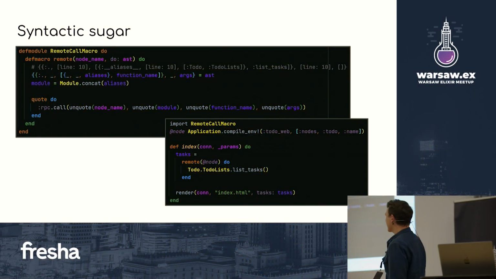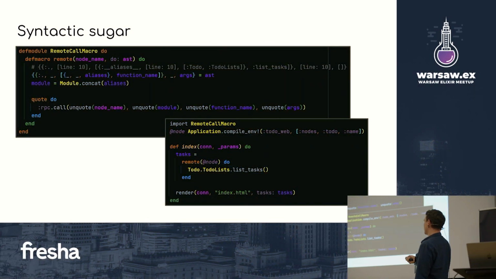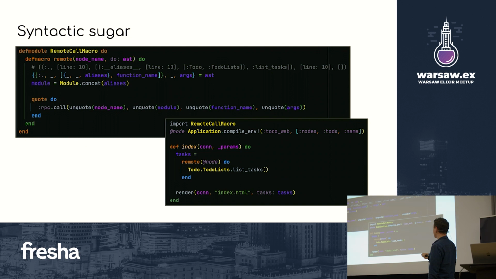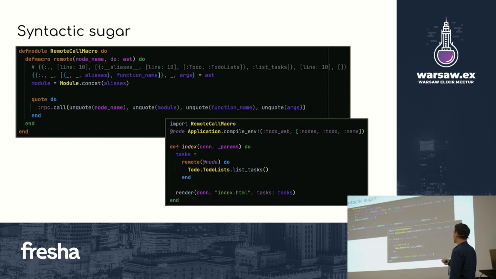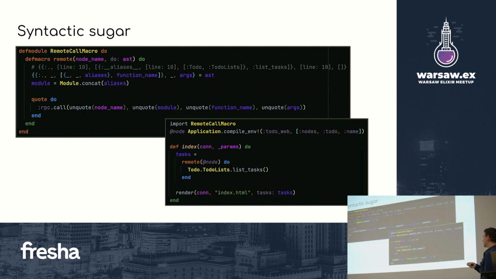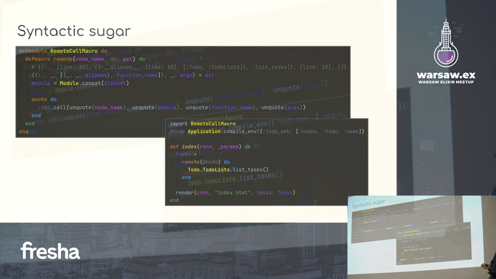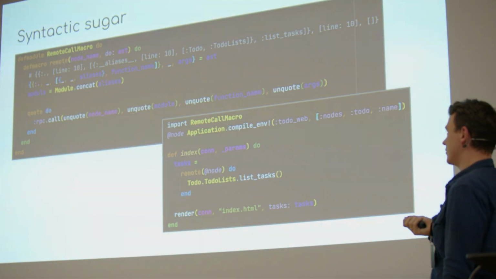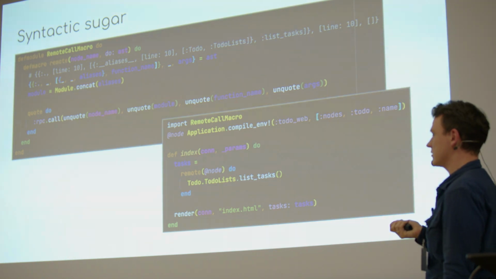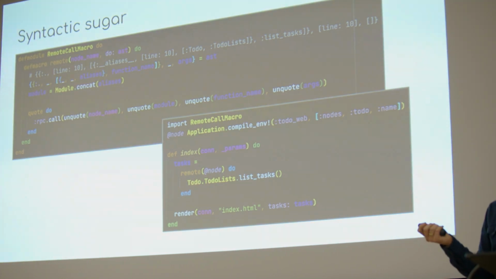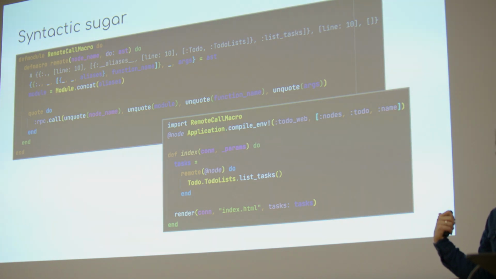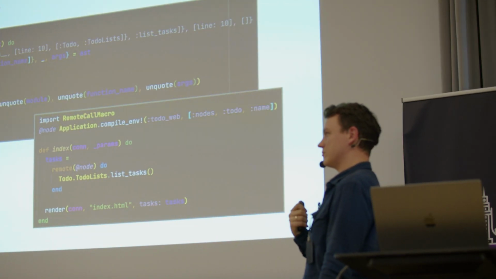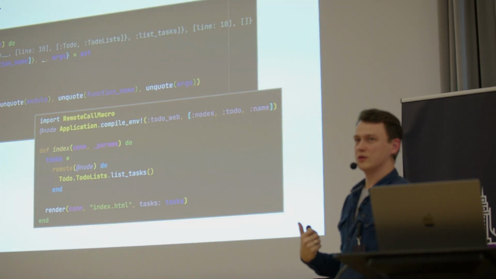So we've got this macro, and here it generates this code that is an RPC call. I guess we could change this macro to generate different code and put code that makes a gRPC call.